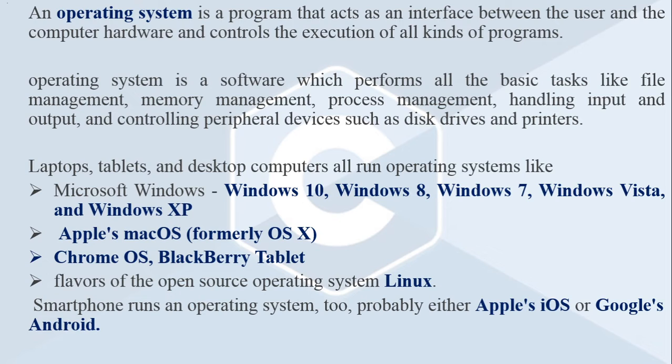But the Microsoft Windows operating system and Apple Mac operating systems are not open source. A programmer can't modify such operating systems as they wish. A Linux-based operating system is the best example of an open source operating system.